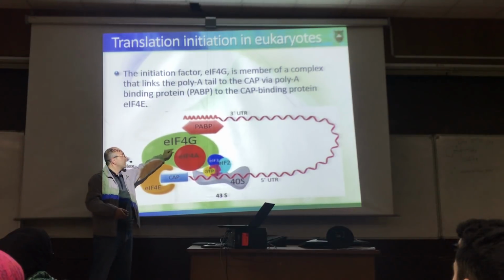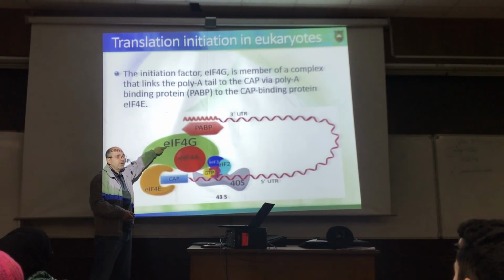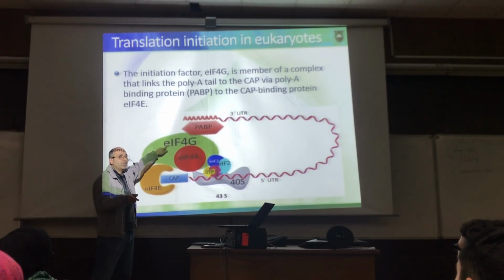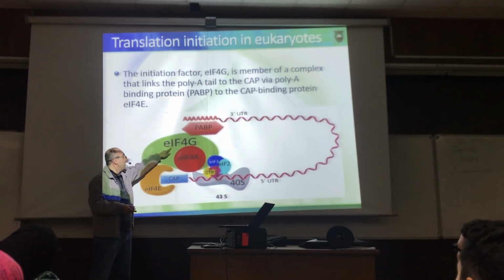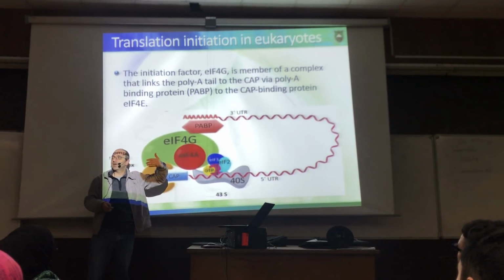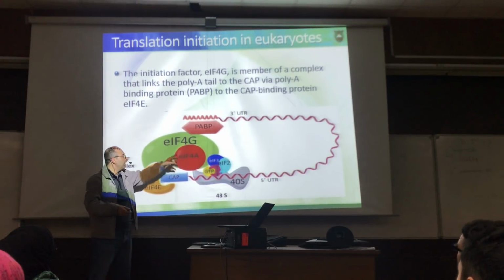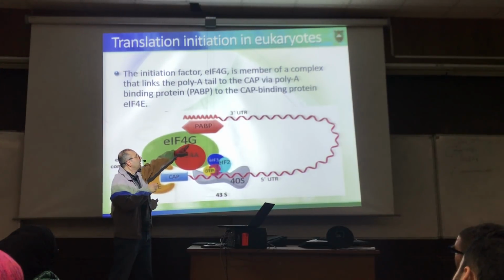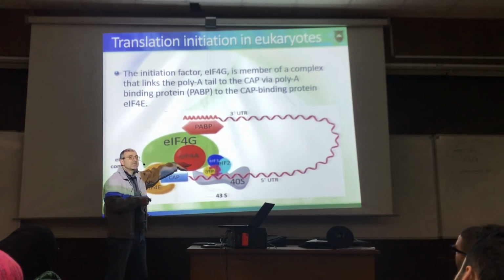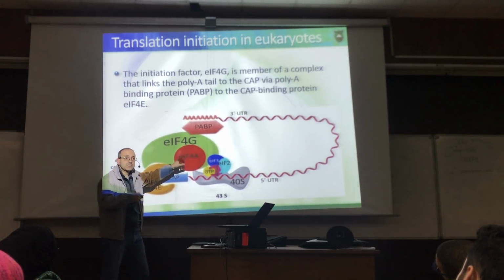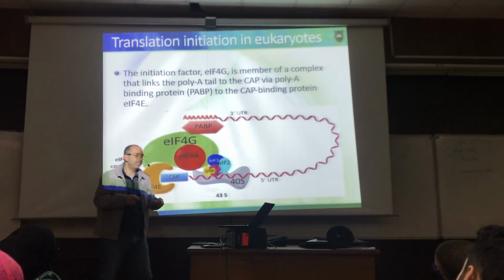The e stands for eukaryotic, because the same protein exists in bacteria, but to distinguish between eukaryotic and prokaryotic proteins, we add the small letter e. IF stands for initiation factor, and 4G designates exactly which protein it is. So you have a complex of proteins that exist here, and the importance of this interaction is that now you have the mRNA ready for translation. If you don't have this interaction, then translation does not take place. But this is true for some messenger RNA molecules, not everything.